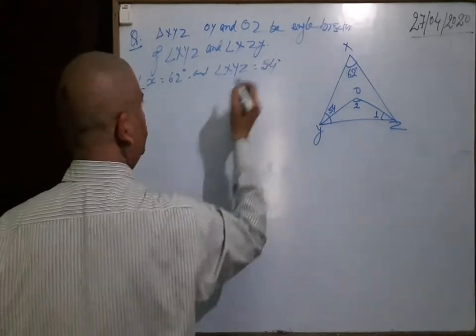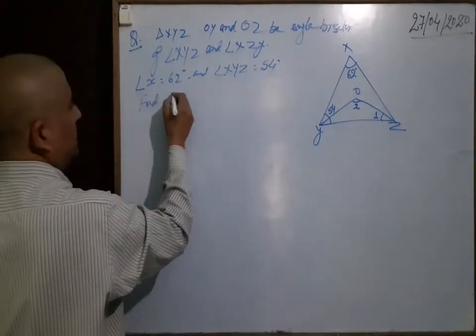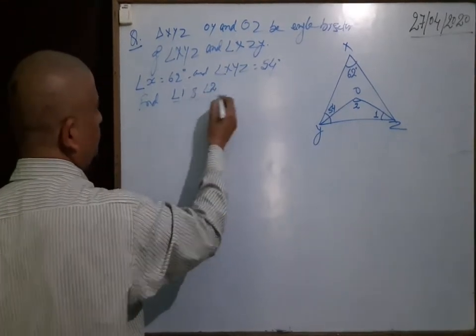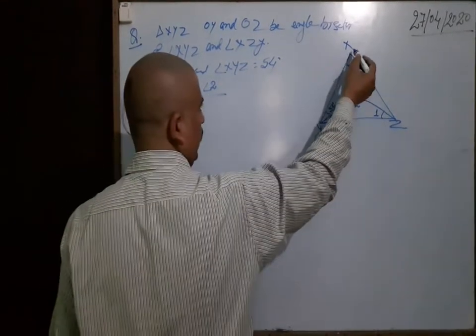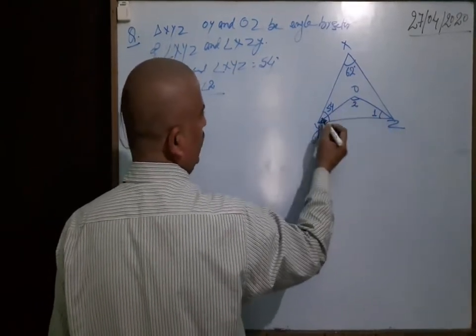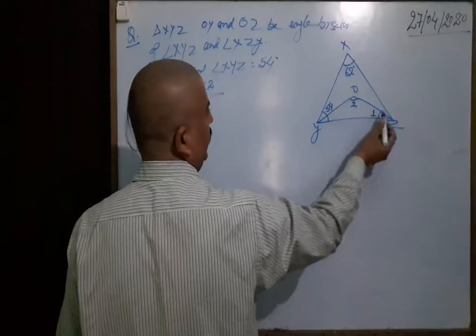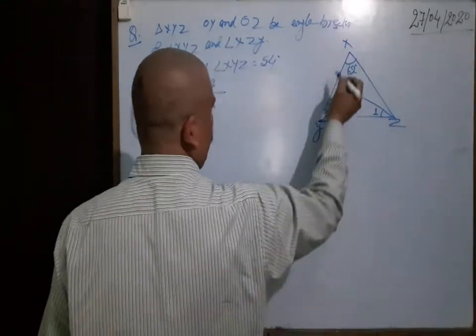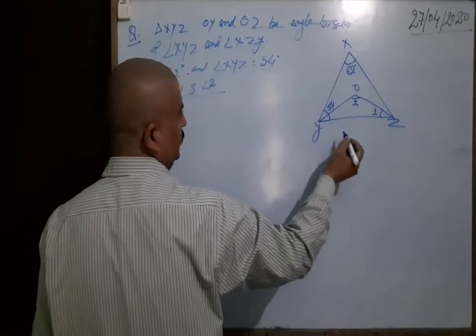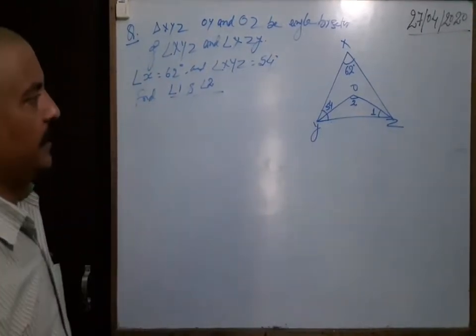So find angle 1 and angle 2. XYZ is the triangle, OY and OZ are the angle bisectors of Y and Z, and angle XYZ is 54 degrees. So find the value of angle 1 and angle 2.